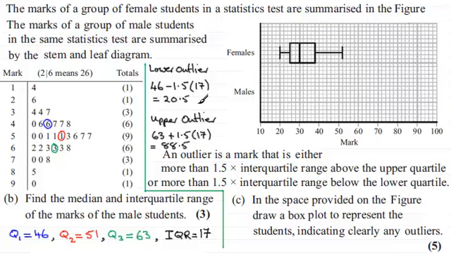So when I look at any values that are below the lower outlier here at 20.5, I can see that I've only got one, it's 14. 26 is above it. So I'm going to mark 14 on here. That's 2 squares in from there, that will give us 14, and you mark that in with a cross.